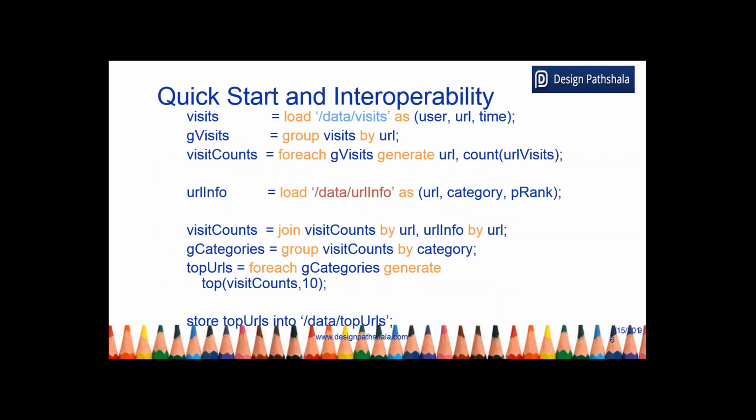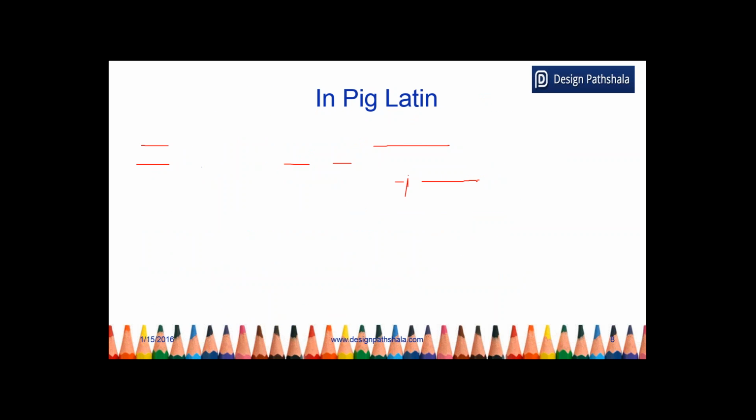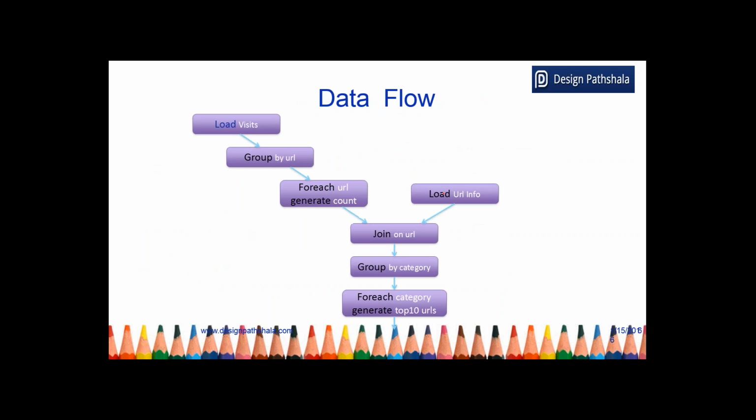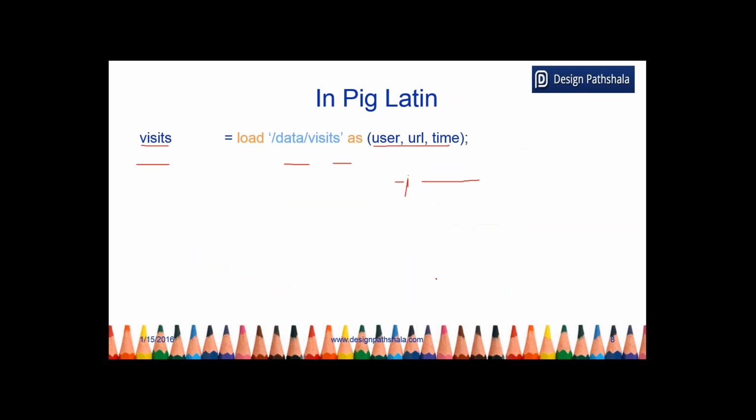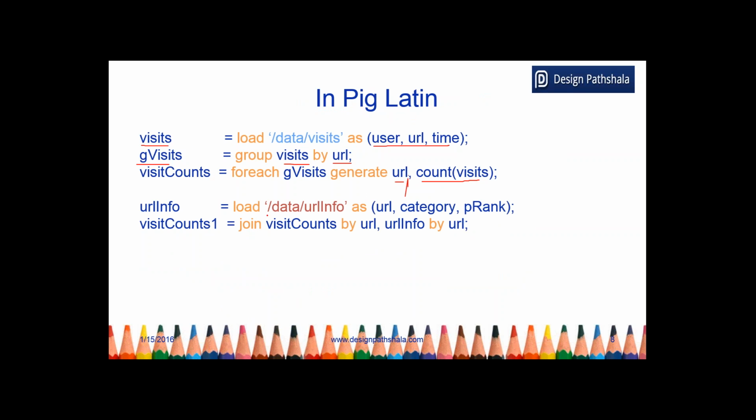Then what I did is I loaded the URL info and then I joined both of them and grouped it by category and generated top 10. So I loaded the URL info, and I joined both the test set, that is visit counts, and URL info based on URL.